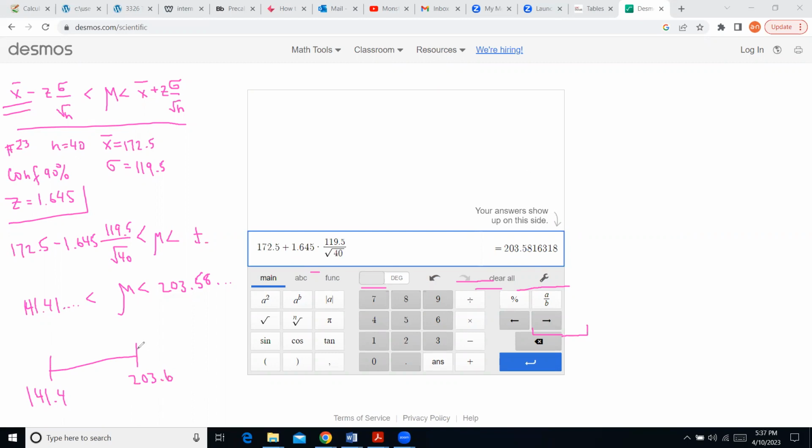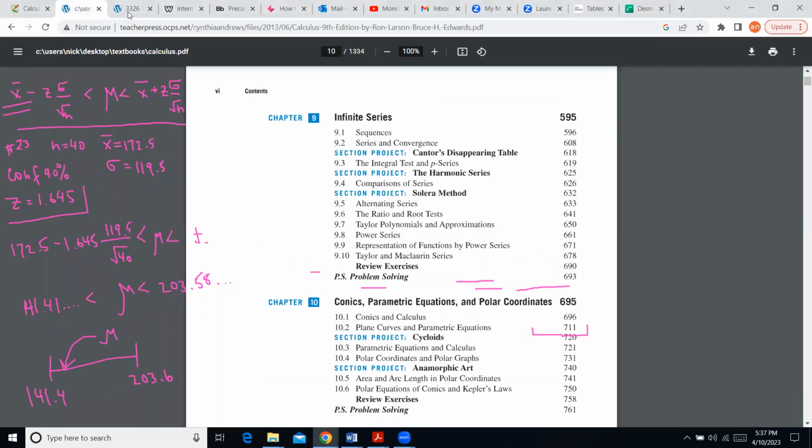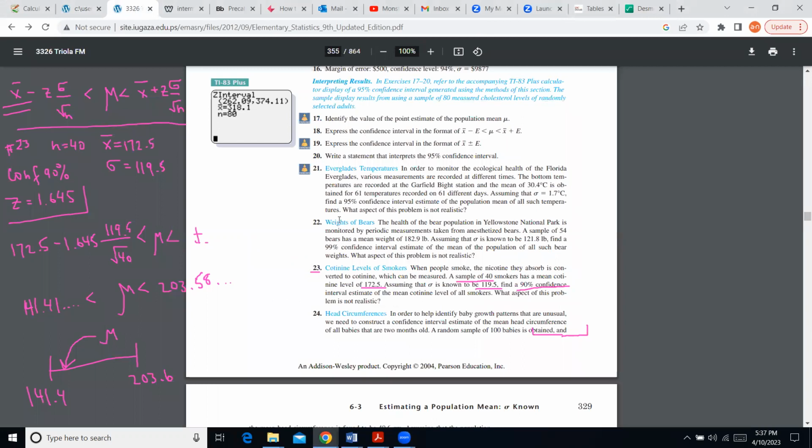So that's where the average for the population is. We don't know if it's 141 or if it is 203. Probably the worst case scenario, if you consume more of that stuff, it may not be very good, right, for the health. So the worst case scenario is when you get more.